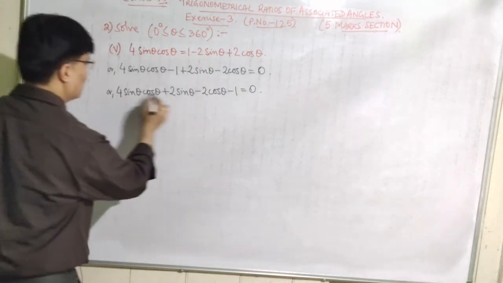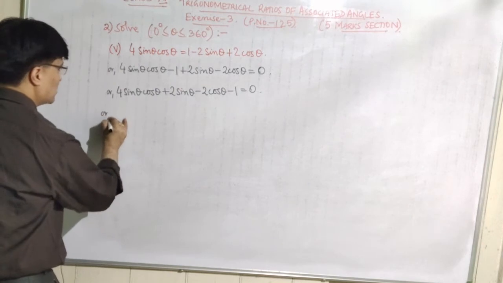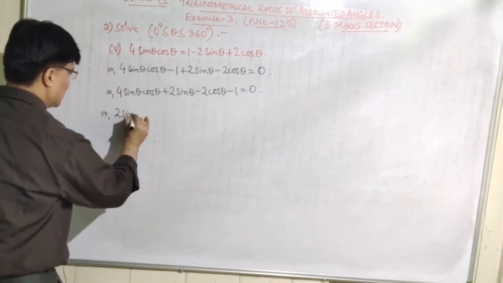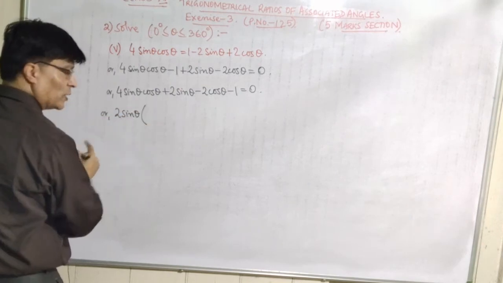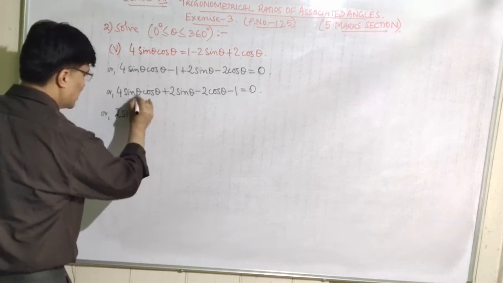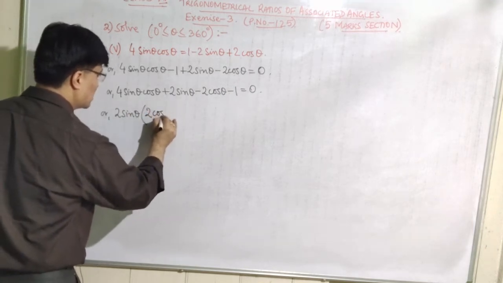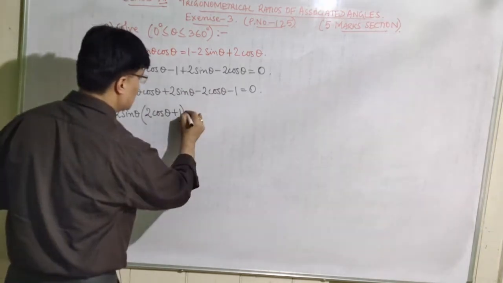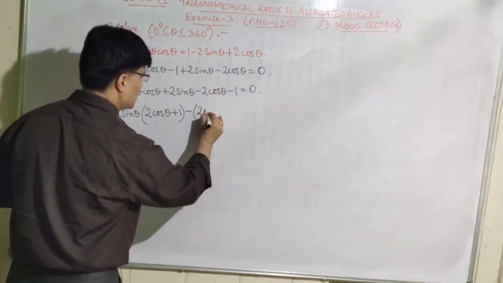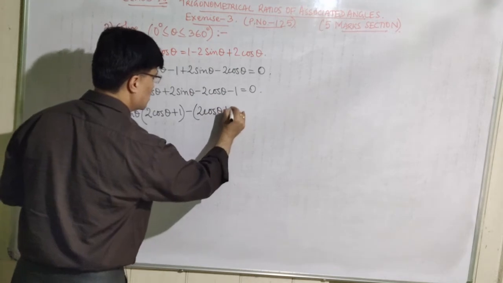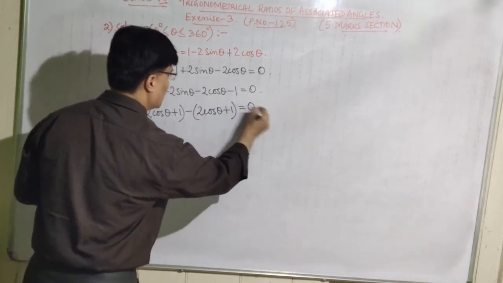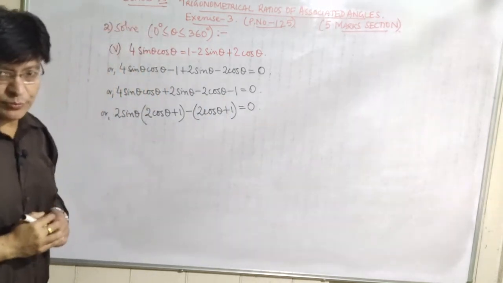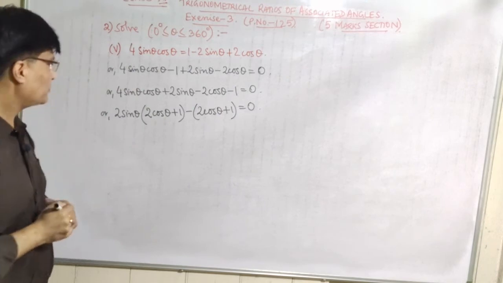So what is common from the first two terms? It is 2 sin theta. So within bracket, what do we get? 2 sin theta is taken common, so it is cos theta, and this is plus 1. Here minus is common, within bracket this is 2 cos theta plus 1, which is equal to 0, okay?